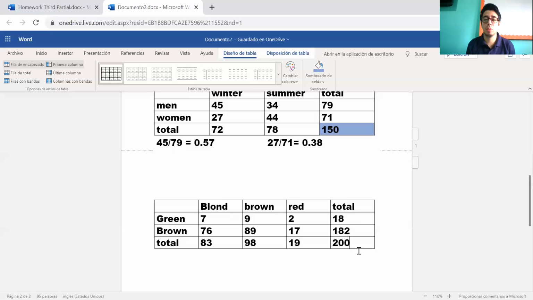We have 200 people identified by green or brown eyes, and blonde, brown, or red hair. We have distinct categories.